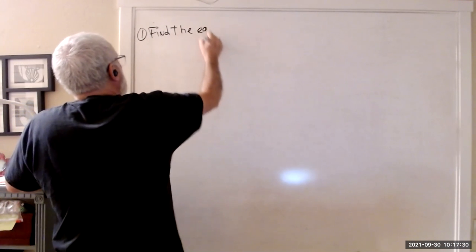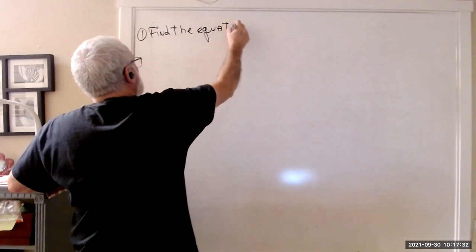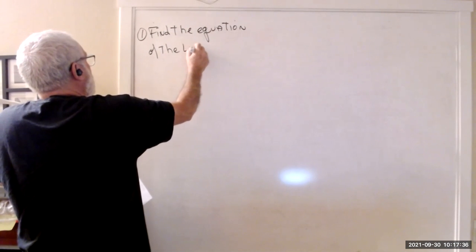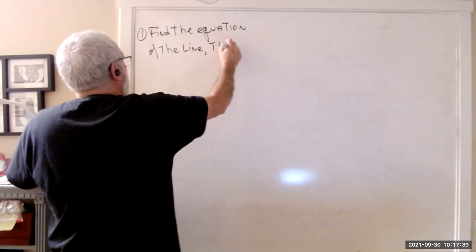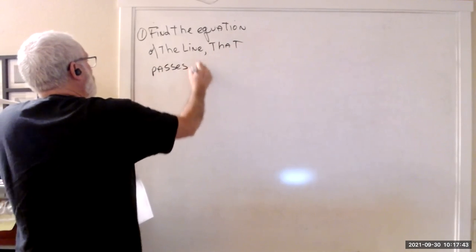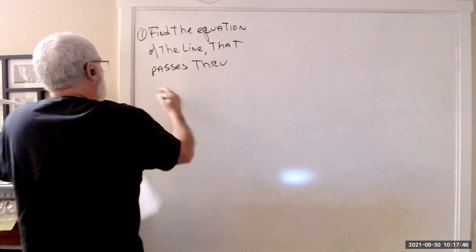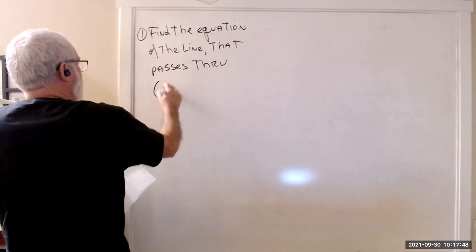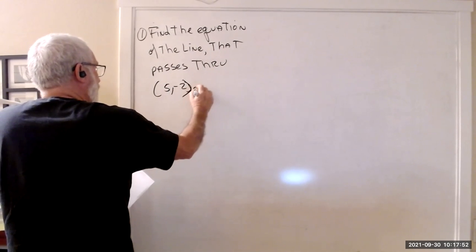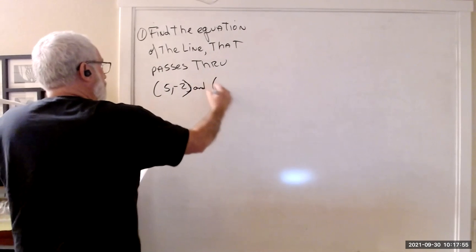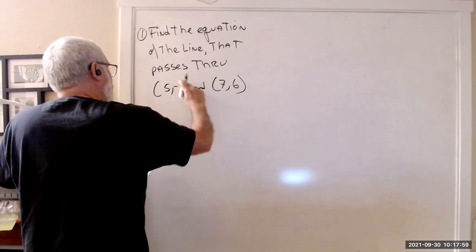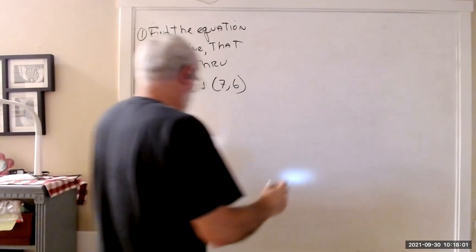Find the equation of the line that passes through 5, -2, and 7, 6. That would be one problem.